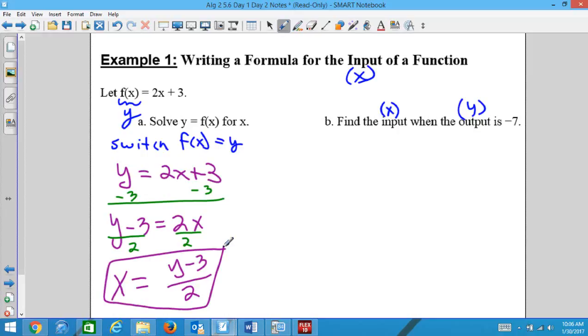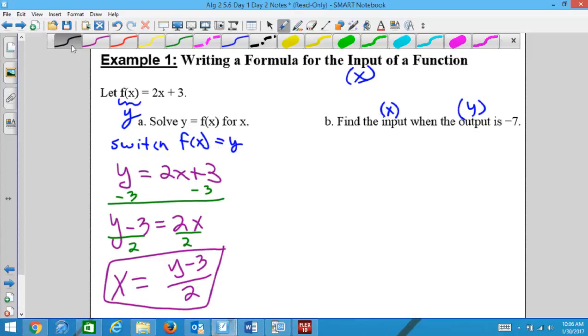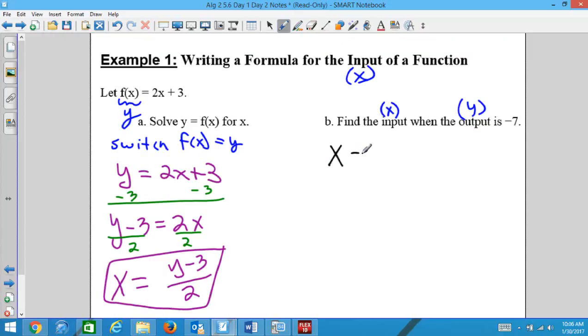So that is step A. We're going to take the equation and we're going to solve it for x. Step B says find the input. So we're going to find the x when the output, when the y is negative 7. We're going to plug in negative 7 for y.